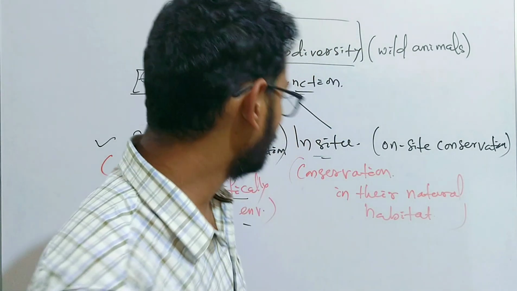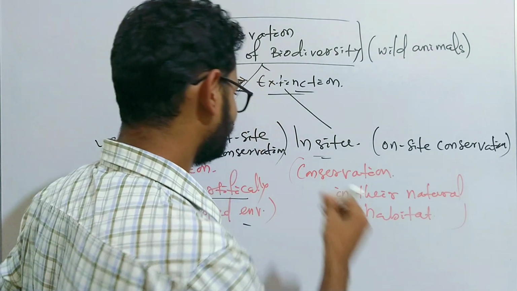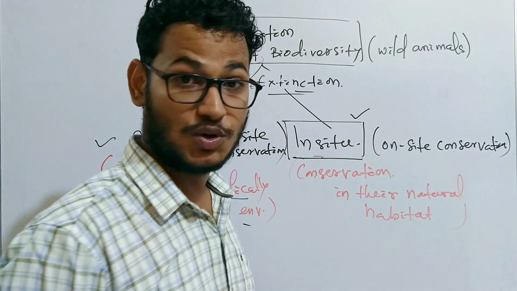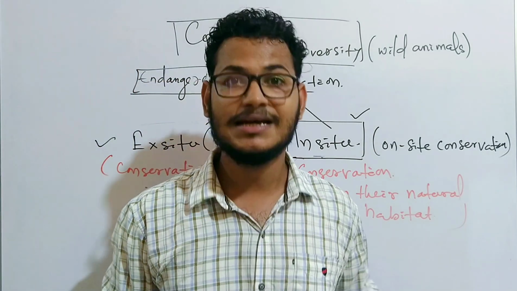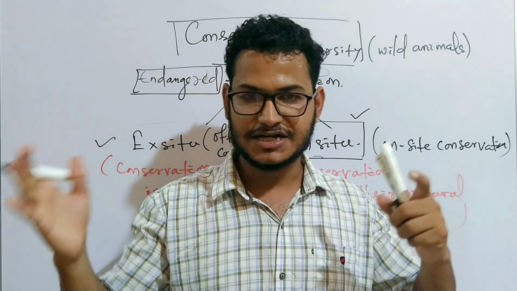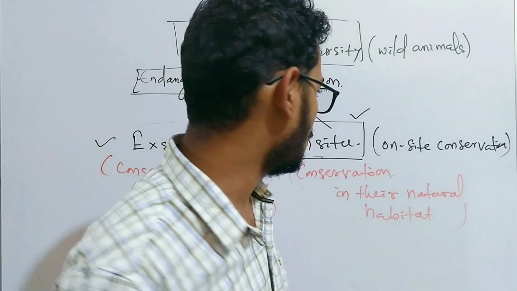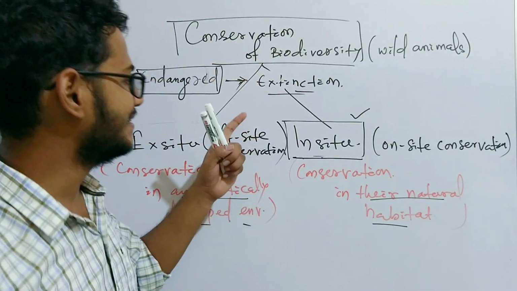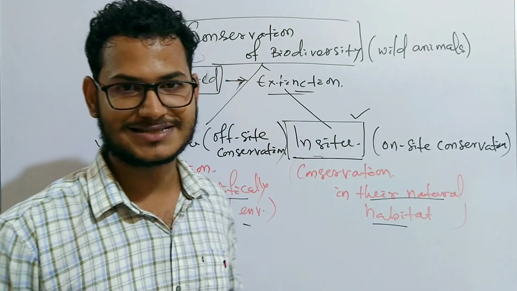Now we will first discuss in-situ conservation, which plays a very important role in conserving wild animals and different varieties of plants in their natural habitat. So let's discuss it in detail.